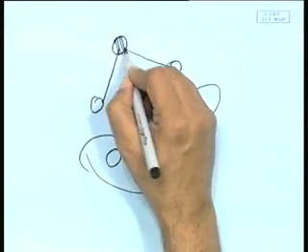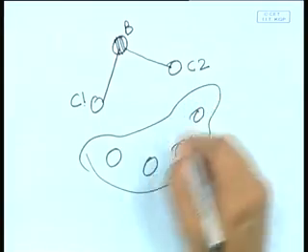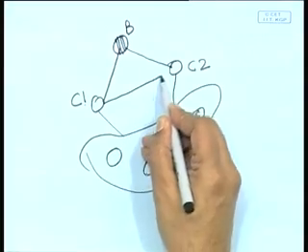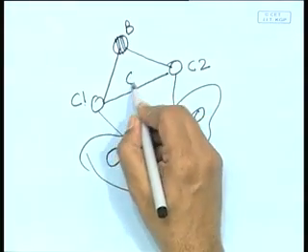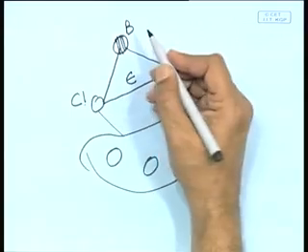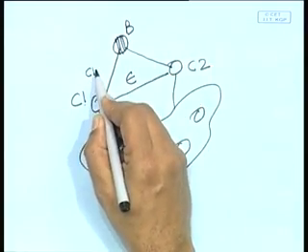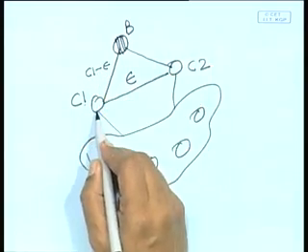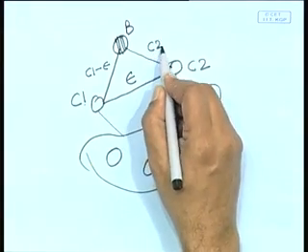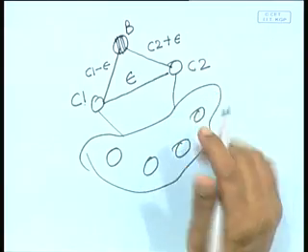This is the one which is Byzantine, and let us assume this is C1 and this is C2, and C1 and C2 differ from each other by epsilon. So, the Byzantine clock B will transmit C1 minus epsilon to C1, and it transmits C2 plus epsilon to C2, the worst case.